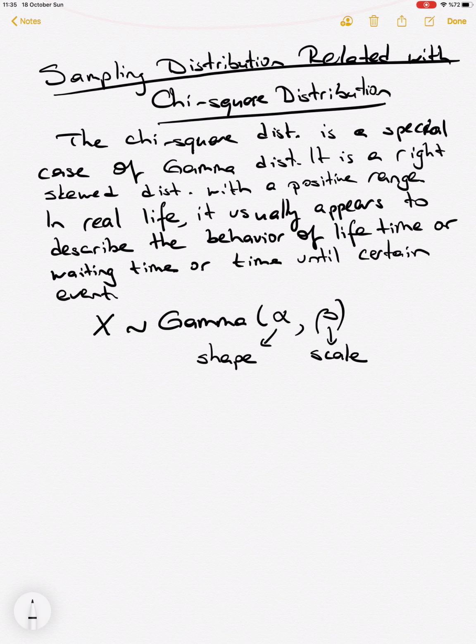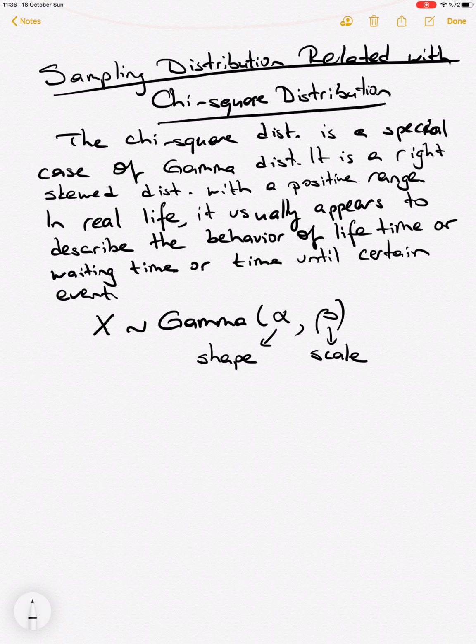We have three types of parameters: location parameters, scale parameters, and shape parameters. Some distributions may have more than one shape parameter, so they have more complex behavior. These parameters are not related with the location for gamma distribution.